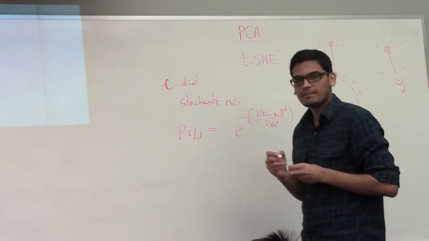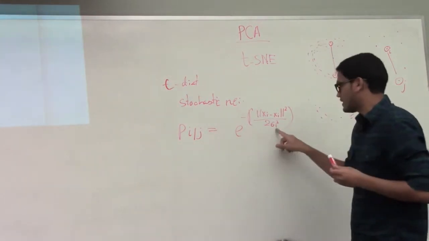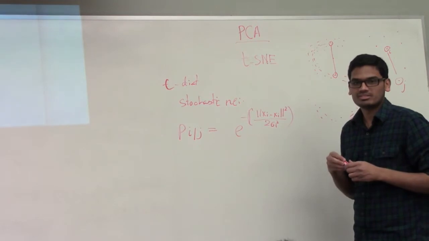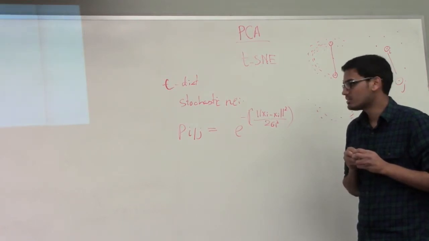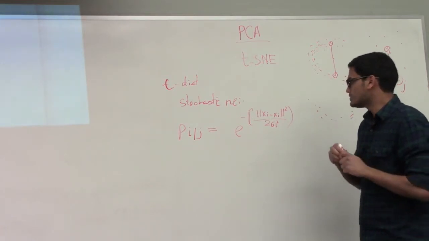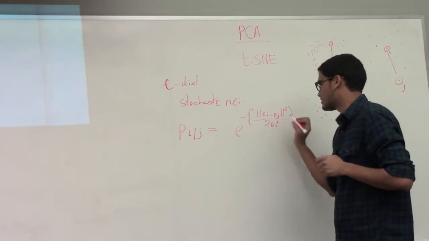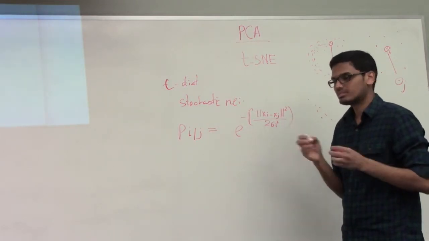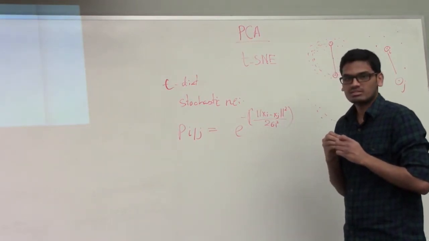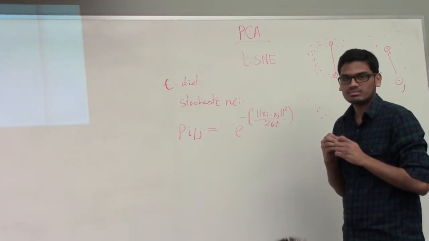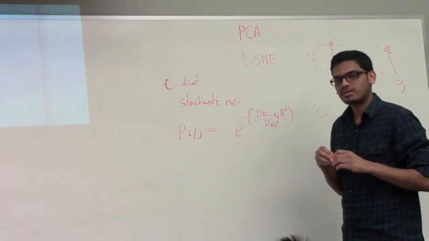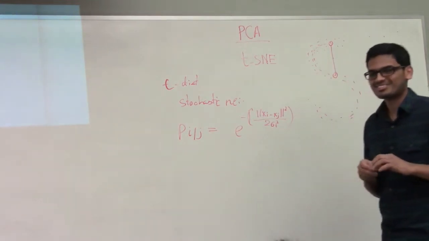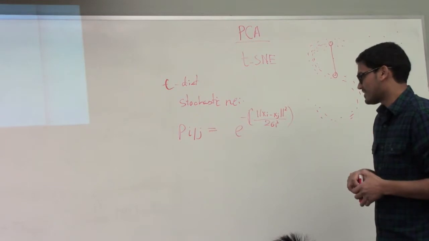You have sigma_i squared in the denominator, and I'll explain what sigma_i squared is. The formula would be symmetric if the sigma_i's were the same, but if they are different, then they are not symmetric, because we kept the center.